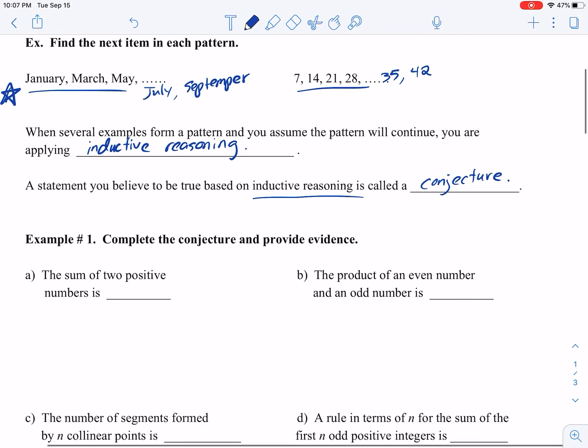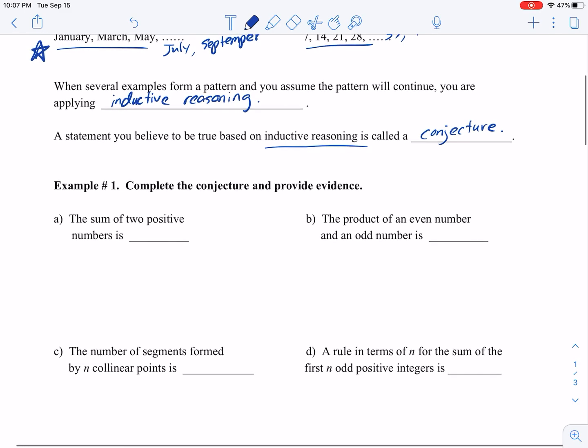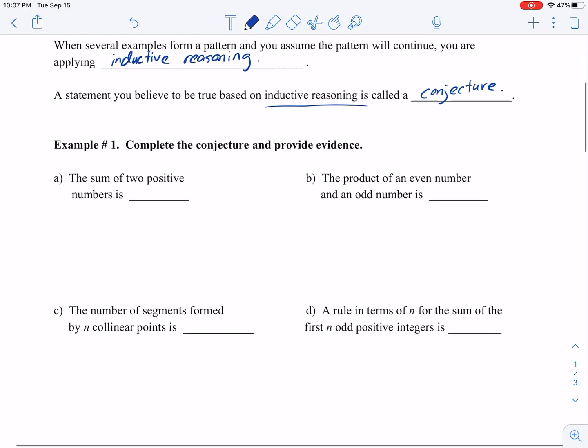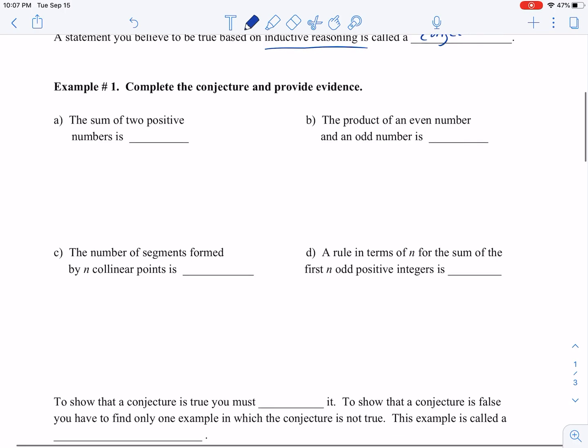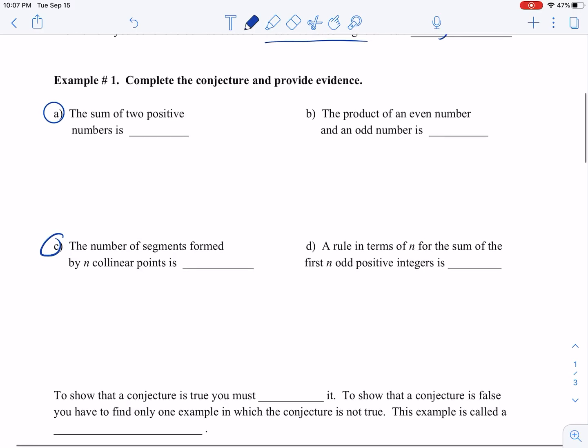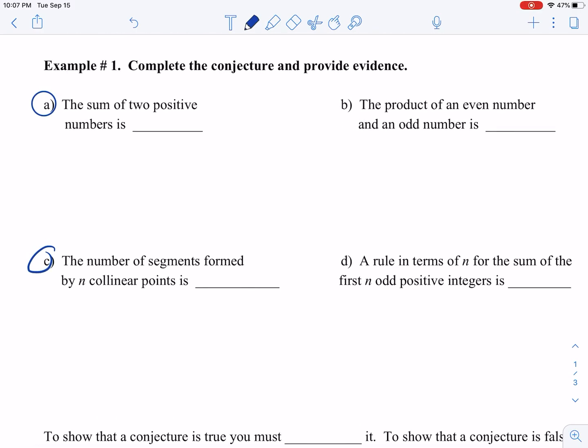Okay, so let's go practice making some conjectures about these statements after we provide some evidence. Let's try A and C together, and then you can try B and D on your own. The sum of two positive numbers. Well, we need to provide some evidence, so we can just start adding any positive numbers that you would like. 2 and 7, 3 and 5, 11 and 15.